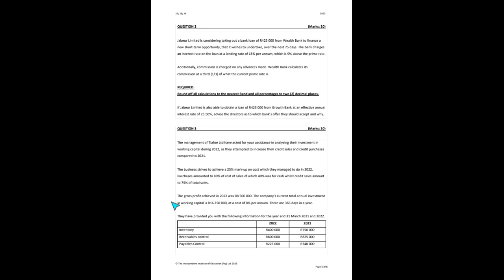And then also revision question 1, on page 139, and also revision questions 2 and 3 on page 139 and page 140.